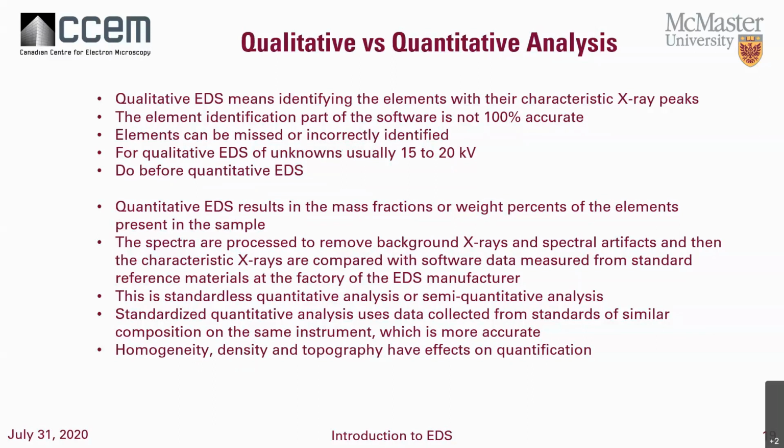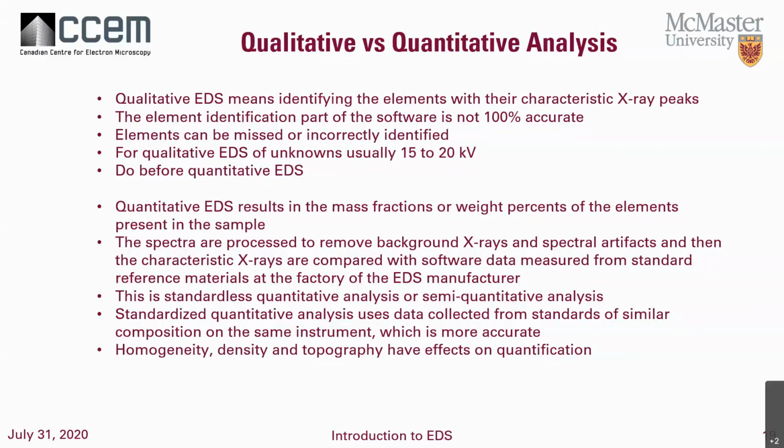Excuse me. Which I would say now, with better software and detectors, on the older systems you could maybe say that it was semi-quantitative, but I think there's been quite a lot of improvement in what you can do, so that we can say it's a quantitative analysis now.